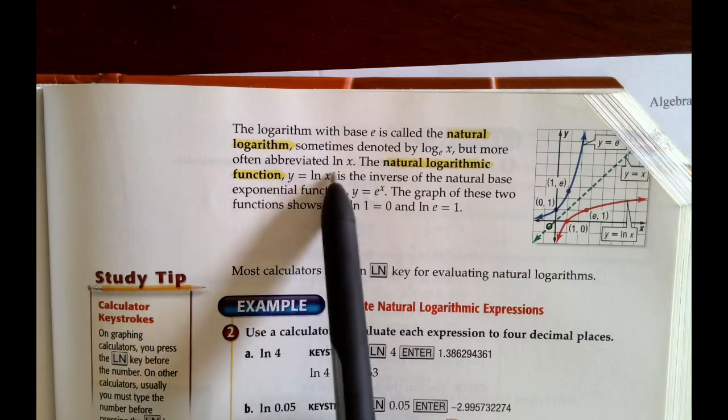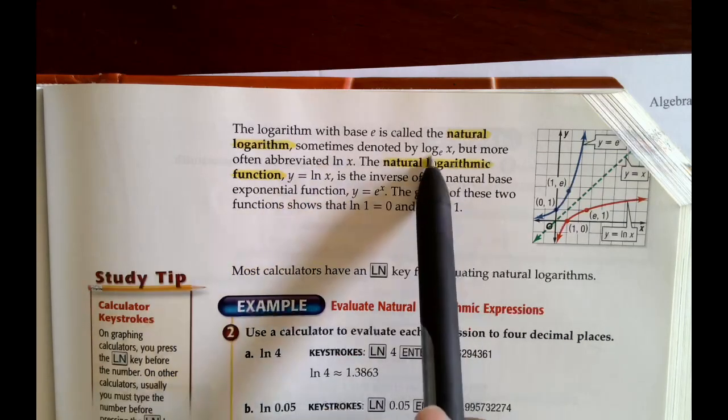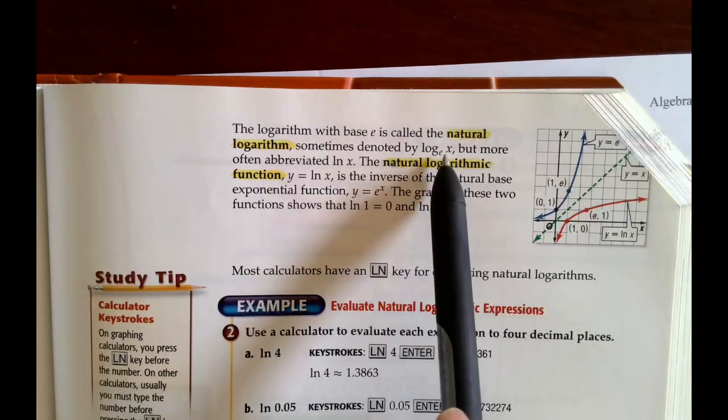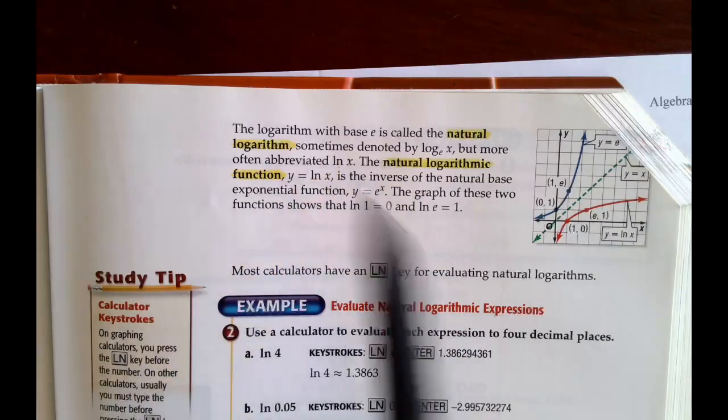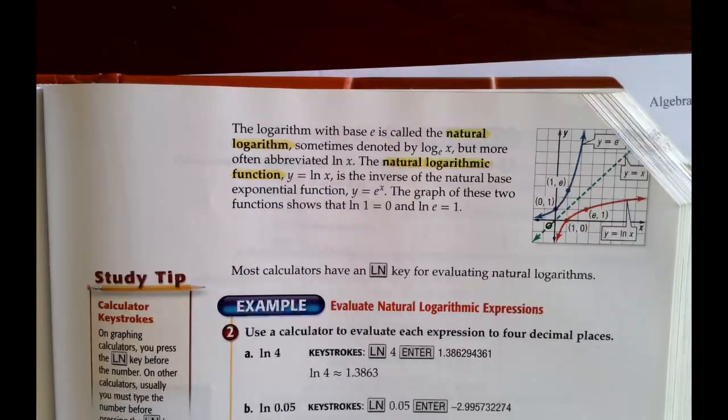So whenever you see ln, it really is log base e. But just because of how messy sometimes we can write it, we abbreviate it to ln for natural log. The natural logarithmic function y equals ln x is the inverse of y equals e to the x.